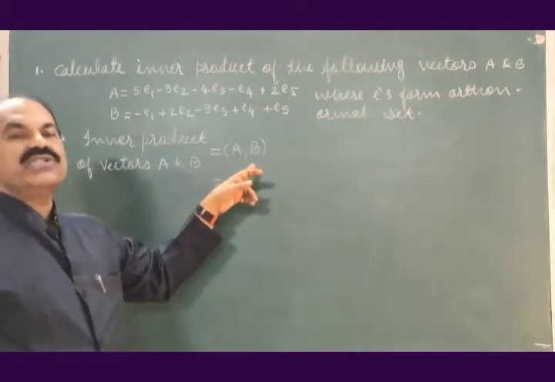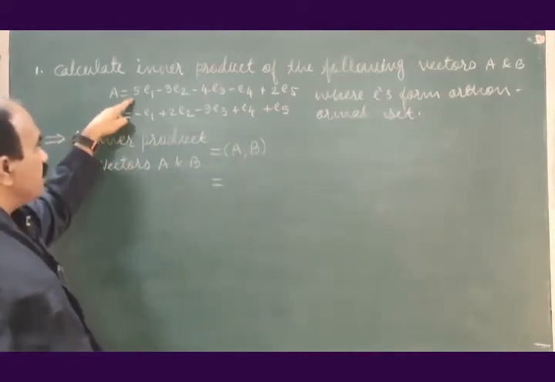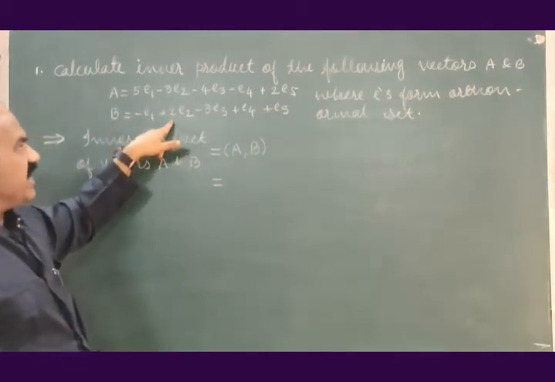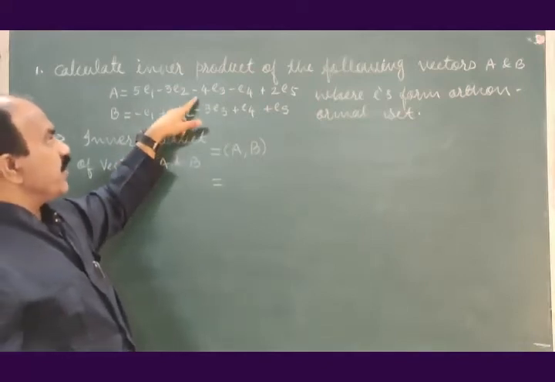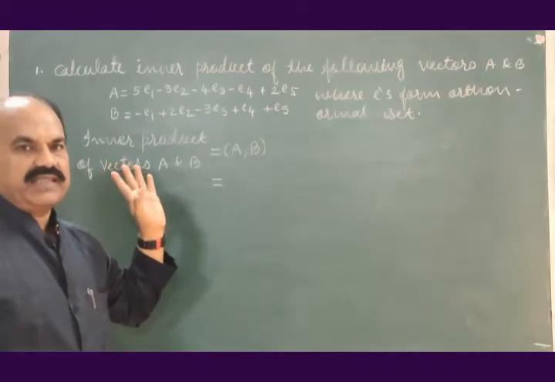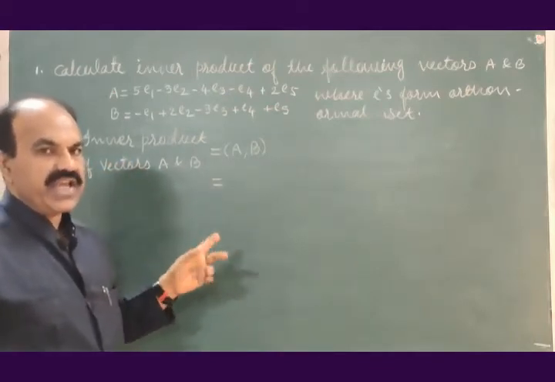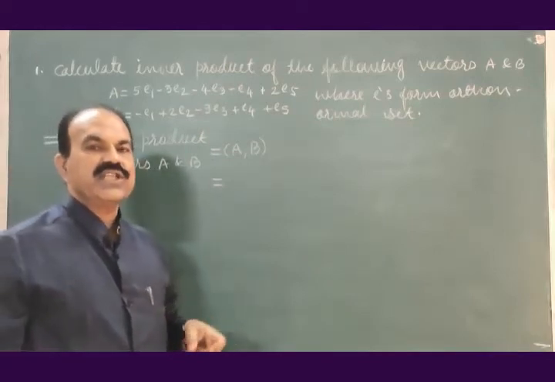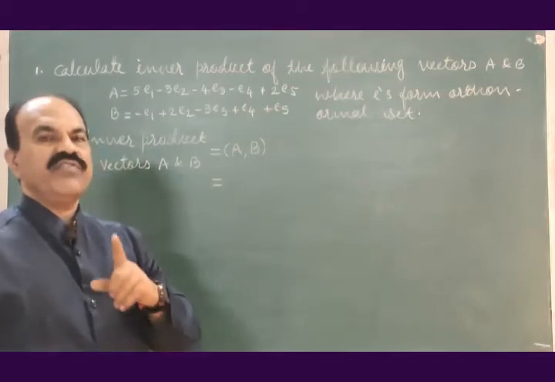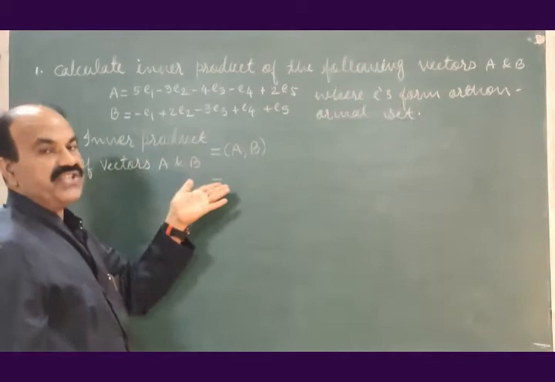So, inner product of vectors A and B will be product of this 5 and this minus 1 plus product of this minus 3 and this 2 plus product of this minus 4 and this minus 3 and so on. That is, inner product of vectors A and B is sum of product of corresponding components of vector A and vector B. Let us write these things here.